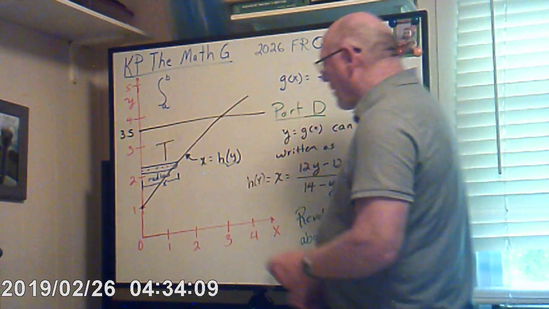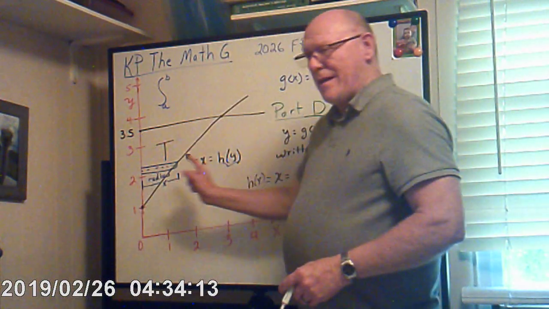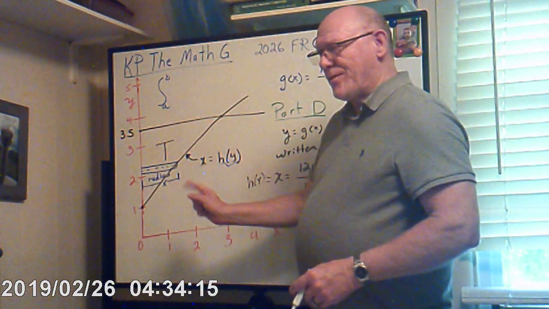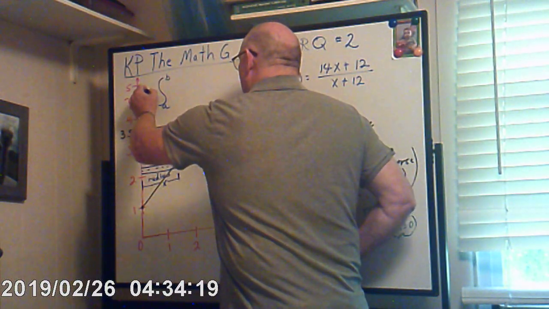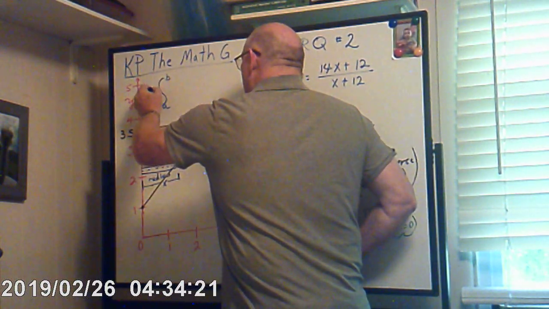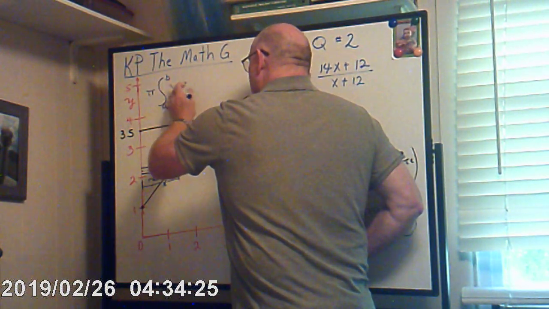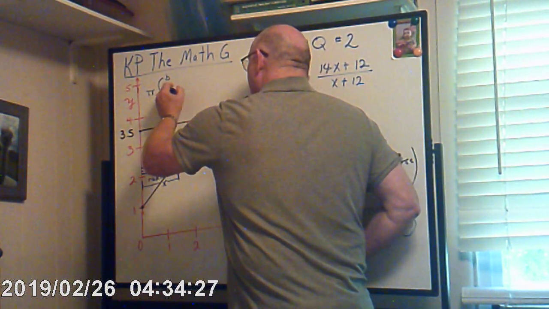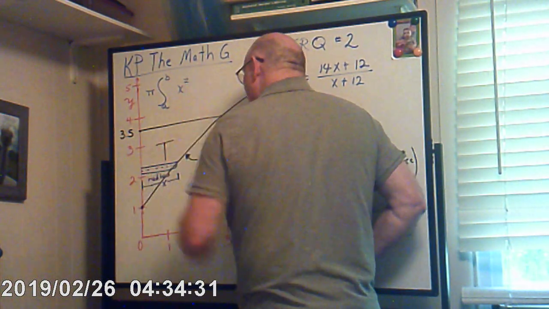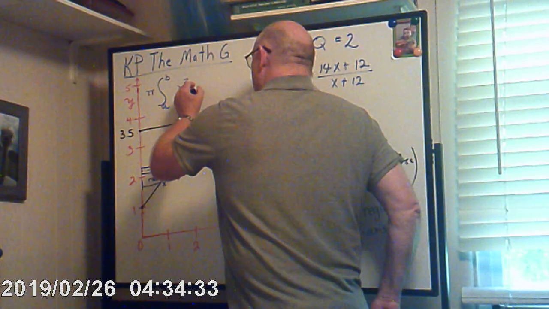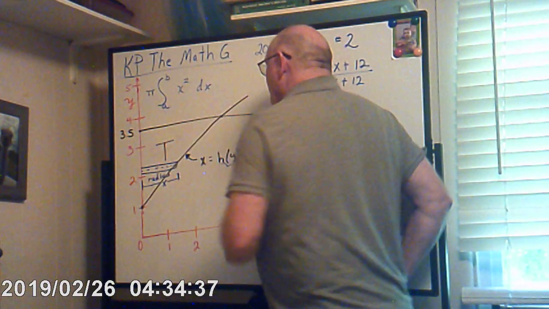When we're taking the volume, we've got to get the area of the circle. The area of a circle is, we're just going to put the pi on the outside, pi r squared, which in this case is x squared. Pi x squared, and then the thickness of this is dx. So that's the volume.